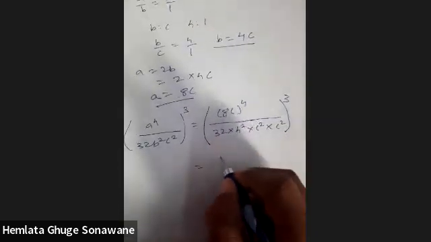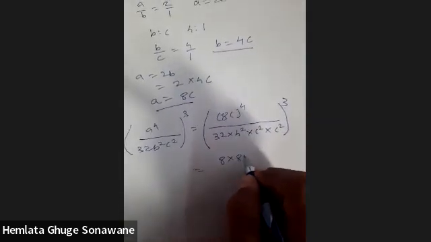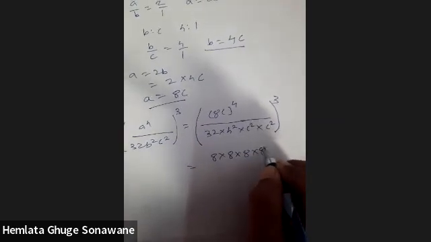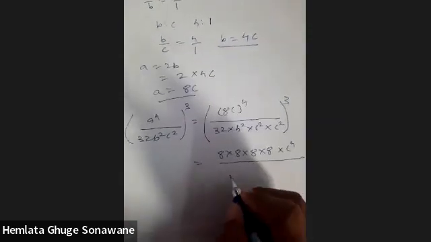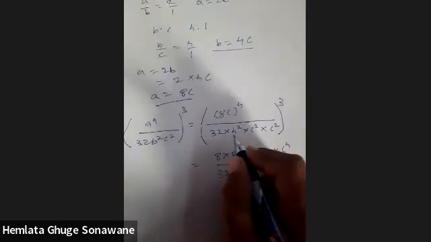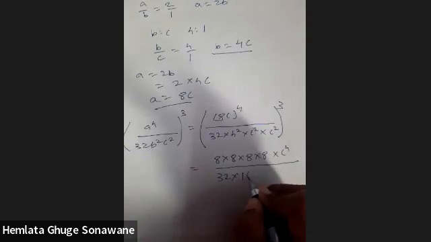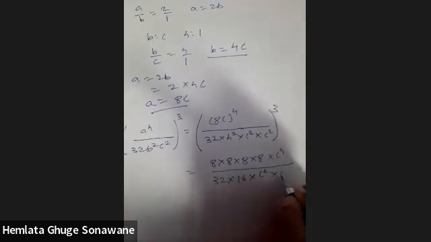Now we'll simplify this. 8 into 8 into 8 into 8 into C raised to 4 upon 32 into 4 square is 16 into C square C square.